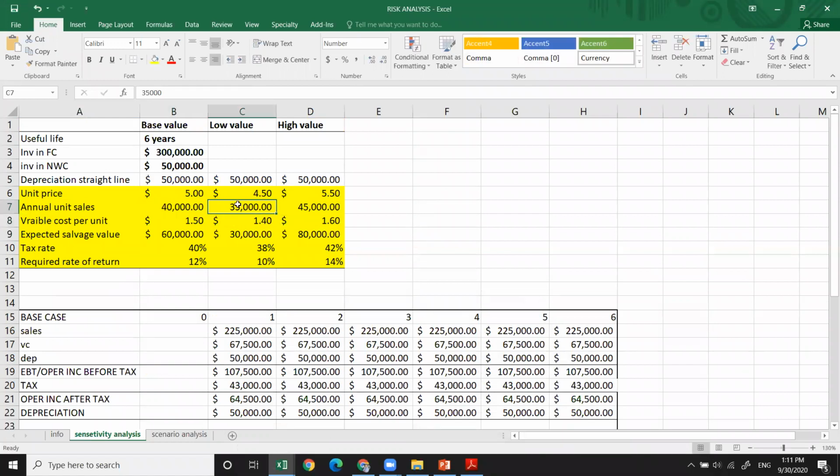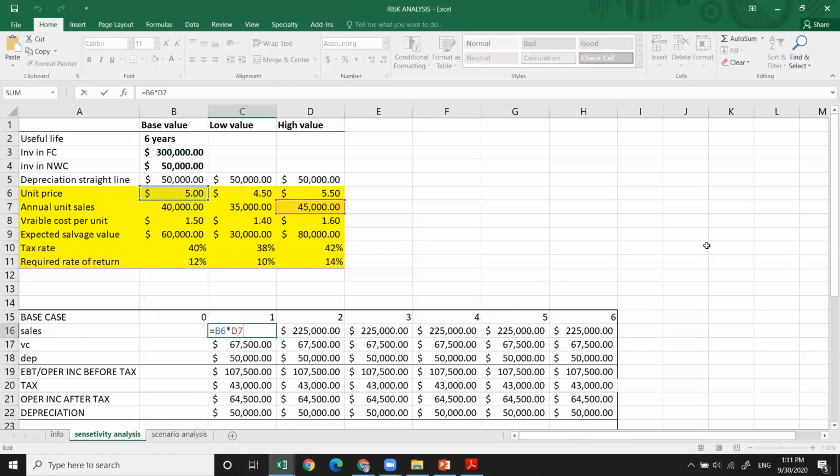It was 40, now it's 35 unit sales. What will happen to your NPV then, using only the change in units? Other things are equal, but what changes? Only the unit sales change. What will your NPV be then? So you have to try everything one by one.